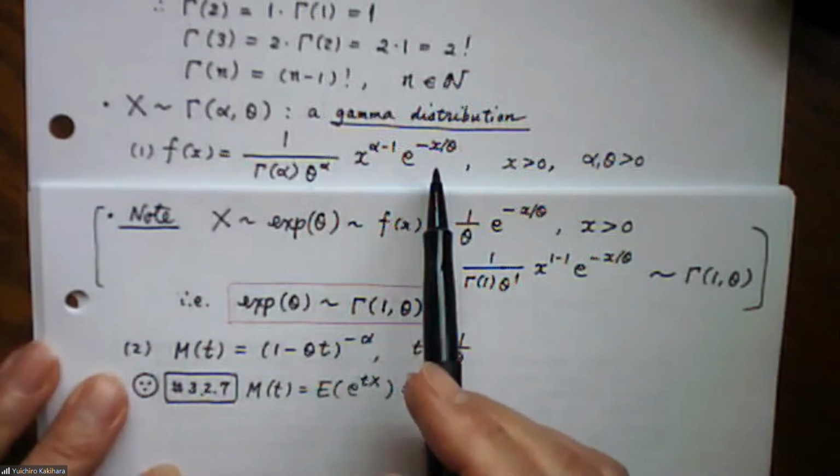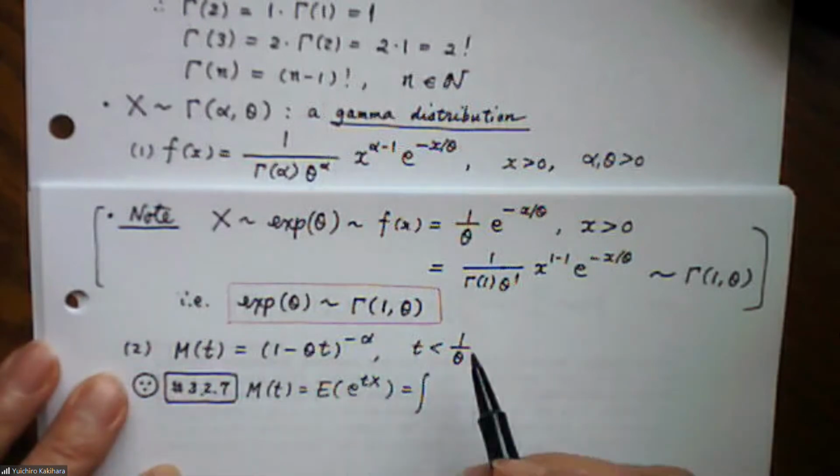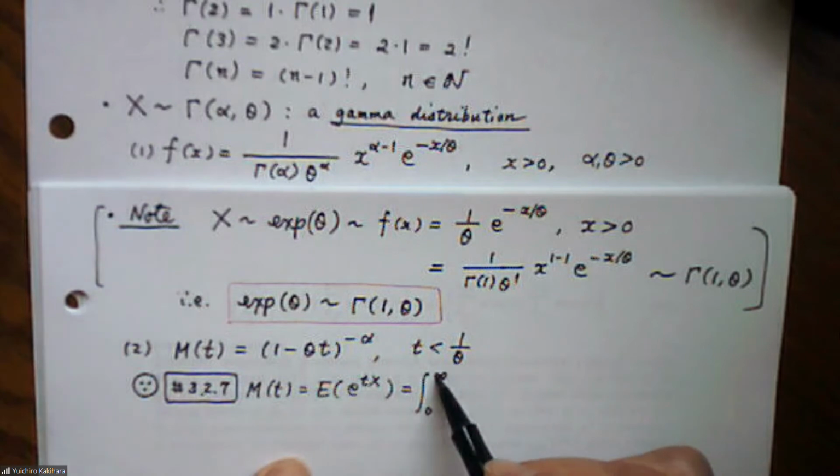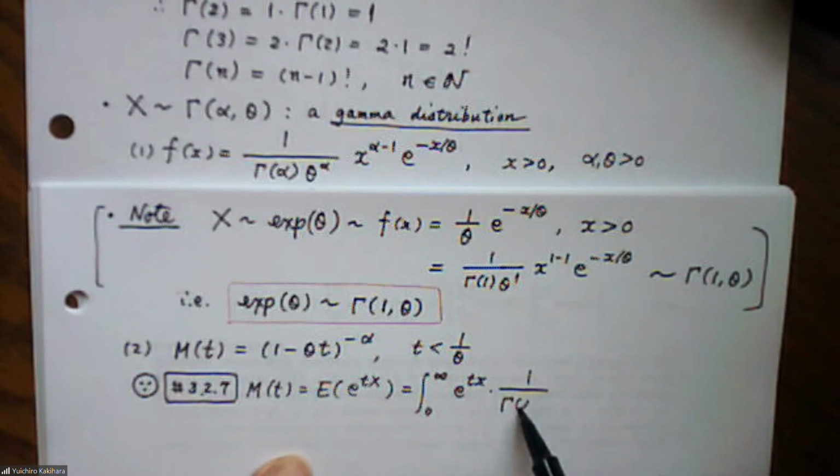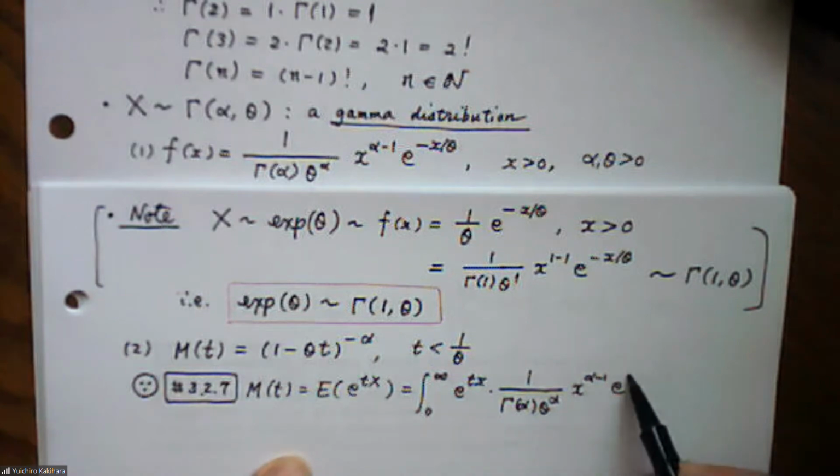So we're going to use this: the integral from 0 to infinity of e to the tx, times the constant 1 over gamma of alpha, theta to the alpha, and then x to the alpha minus 1, and then e to the minus x over theta, dx. And this is the moment generating function.